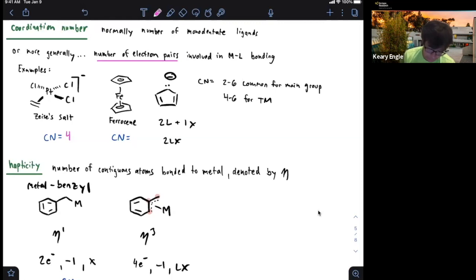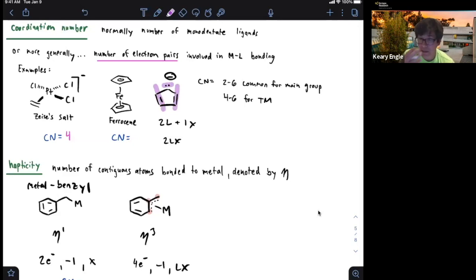So a Cp ligand, I like to think of it as a combination of an alkene ligand, another alkene ligand, and then a lone pair. And the way that that's described then is you have two L-type ligands.